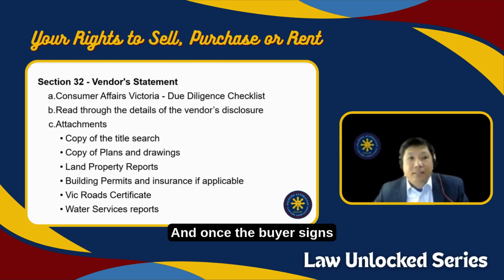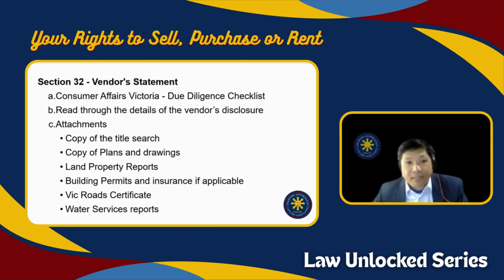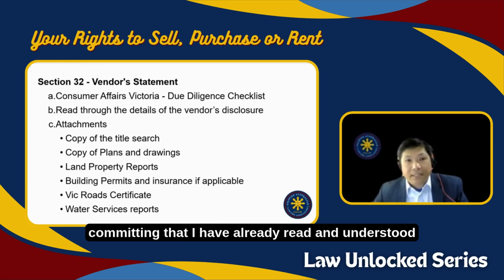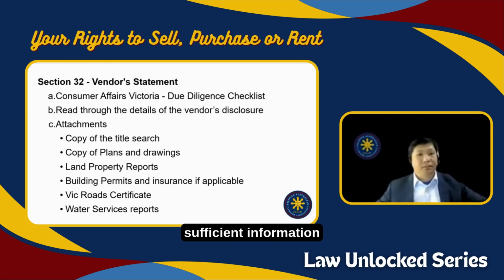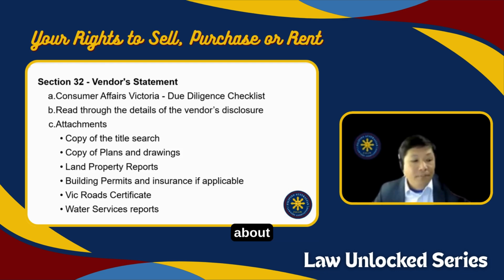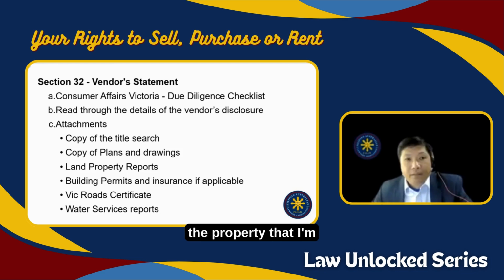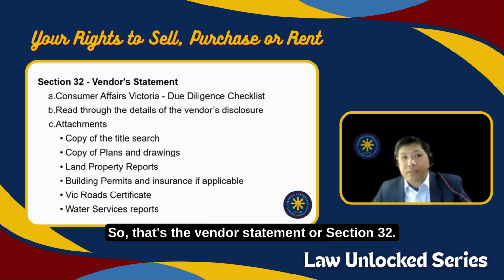And once the buyer signs the vendor statement, the buyer is committing that I have already read and understood this document, and I have sufficient information about the property that I'm buying. Okay, so that's the vendor statement or Section 32.